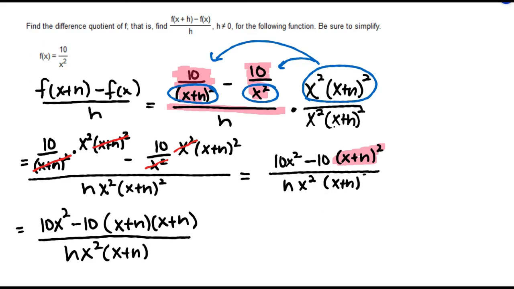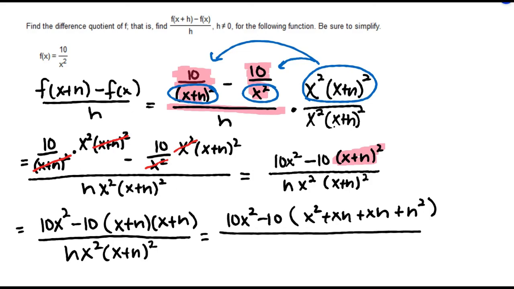And I made a mistake here, left off a squared. Okay, so that leaves me with 10x squared minus 10 times x squared plus xh plus xh plus h squared over hx squared times x plus h squared.